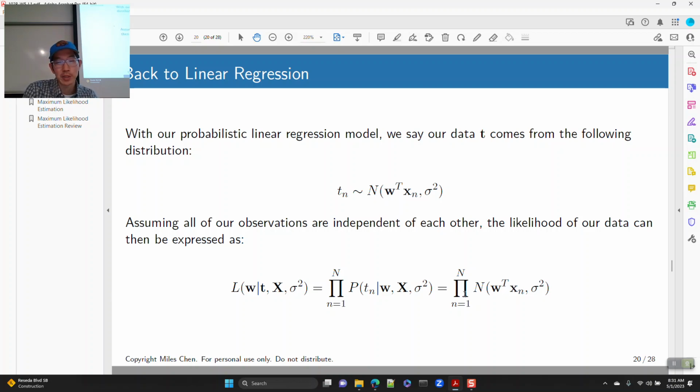So we're going to take the product of the PDF of the normal distribution with mean W transpose x_n for each input value x, and our arbitrarily chosen variance sigma squared. So we just have a product of all of these observations' probabilities.